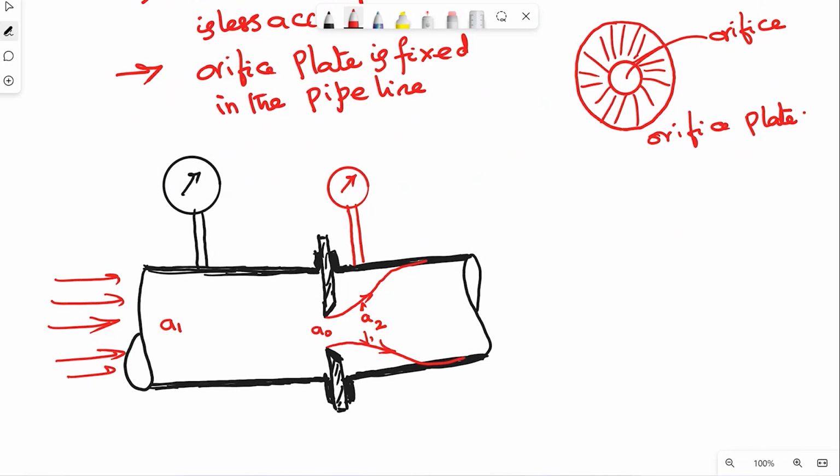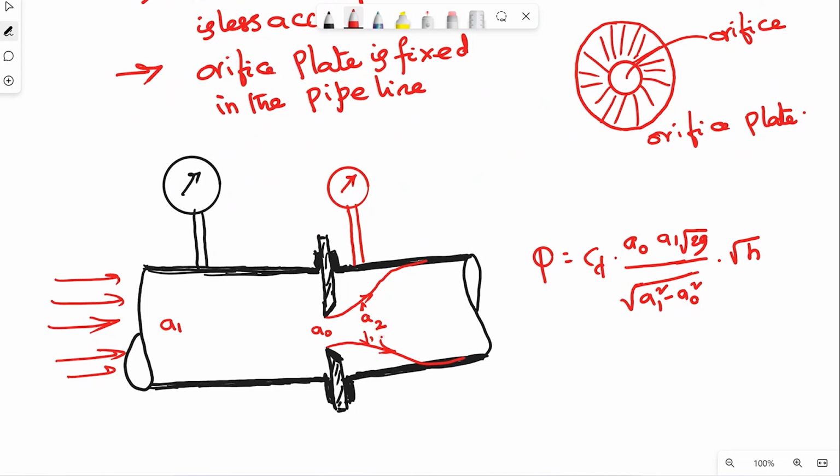I'm not doing the derivation again here because it is along similar lines to the venturimeter, but I will give you the equation of the orifice meter for measuring the discharge. It is again Q = CD A0 A1 / (√(2g) √(A1² − A0²)) × √H.